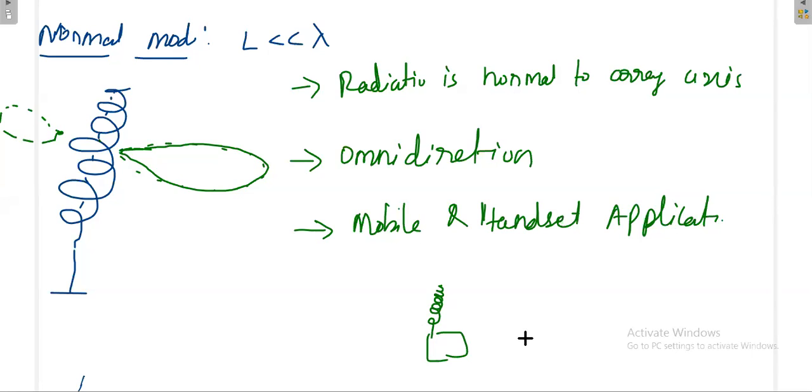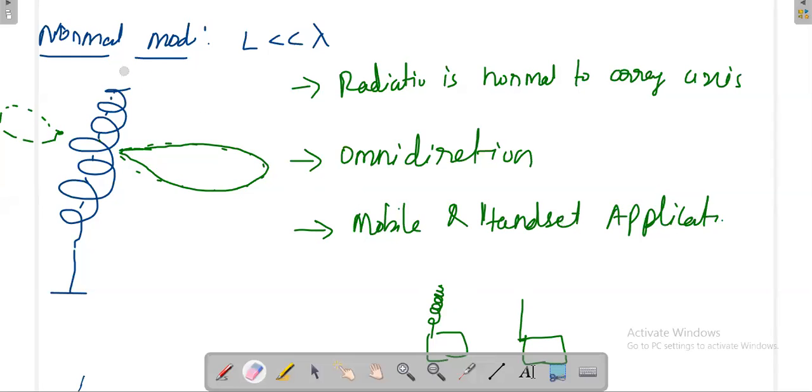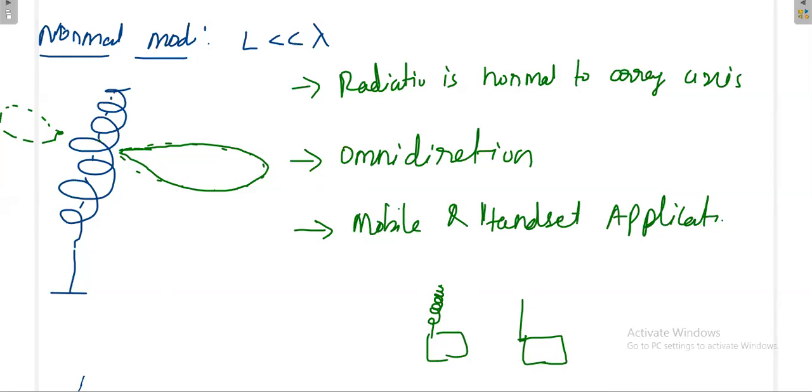Instead of using a normal antenna like this, why do I have to use a spiral structure? I can use a normal lambda by 2 dipole antenna. Then what is the need of using this one? Because a normal lambda by 2 dipole antenna also will provide an omnidirectional radiation pattern.